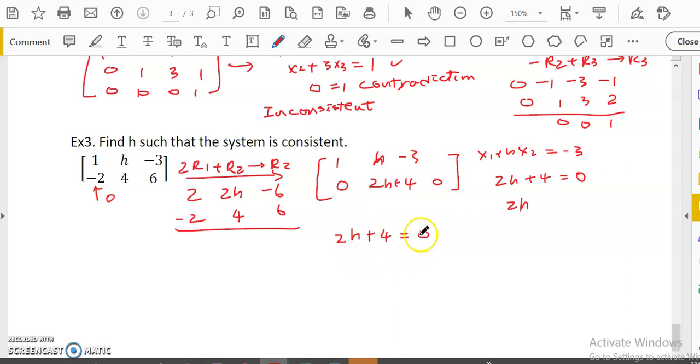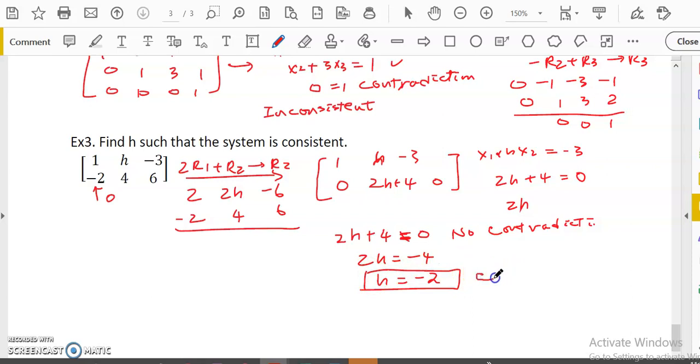If 2h plus 4 is not equal to 0, but if it's not equal to 0, I would have like 5 or something equal to 0. That would be a contradiction. So you really want 2h plus 4 equal to 0. That means 2h is equal to negative 4, or h is equal to negative 2. So at h equal to negative 2, that would be consistent. Only if that is the case.